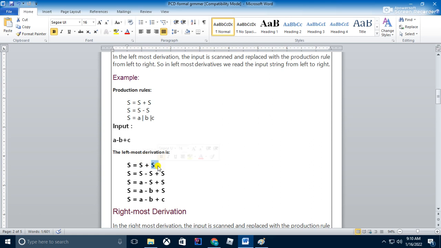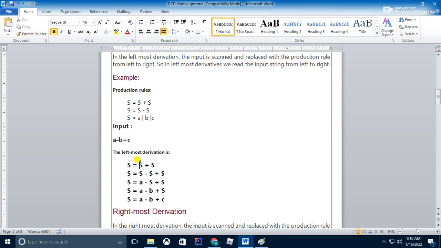We are replacing this S first from the left hand side. That's why this order of derivation, in which we select the leftmost symbol first from the given expression, is called leftmost order of derivation.